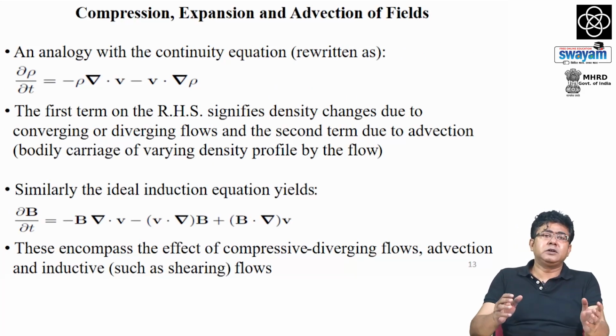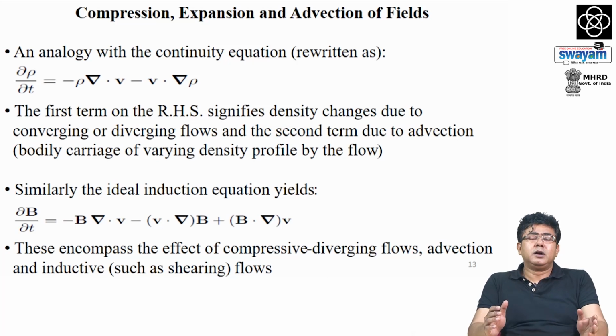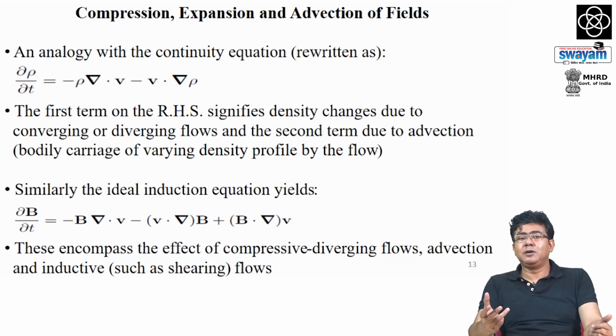Just to kind of bring that point home, in this slide, what we do is we expand the continuity equation to give you an idea through analogy of what these different terms are, right. So, I have on the top here, del rho del t is equal to minus rho divergence of V minus V dot gradient of rho, right.